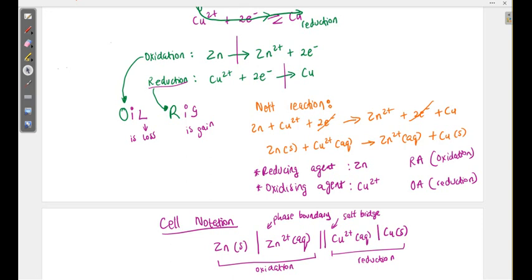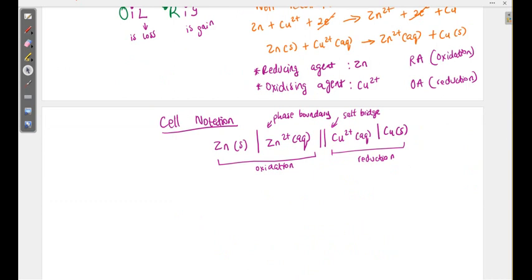Knowing that, since this is oxidation, it means zinc went through oxidation. That is why usually they say, when you are writing a cell notation, you must write the reducing agent and then the oxidized species, and then write the oxidizing agent and then the reduced species. But I feel like with this terminology, it's a bit difficult to remember.